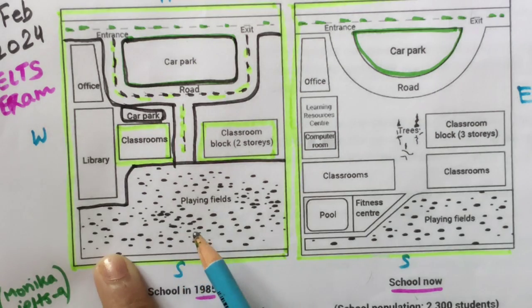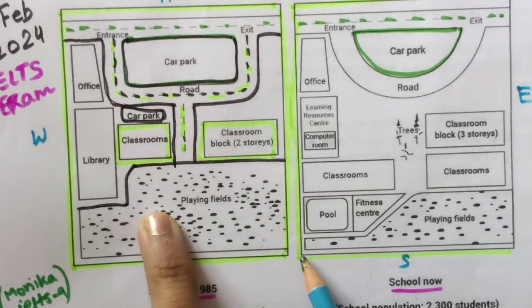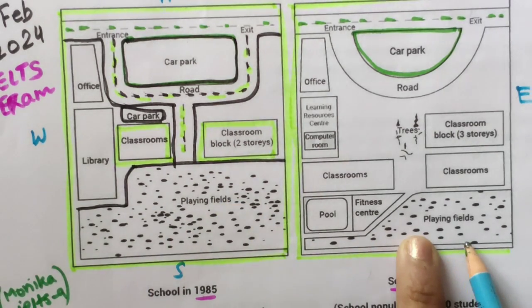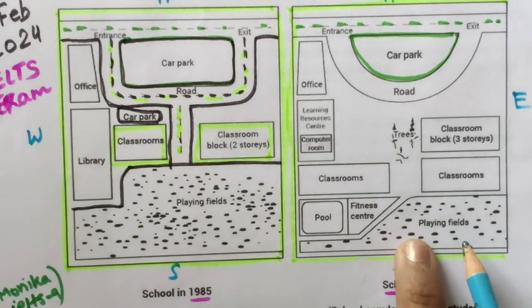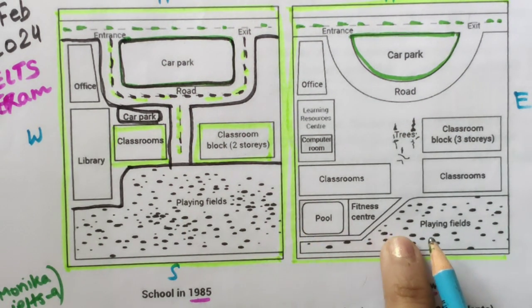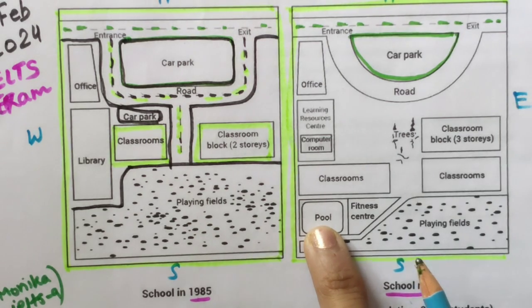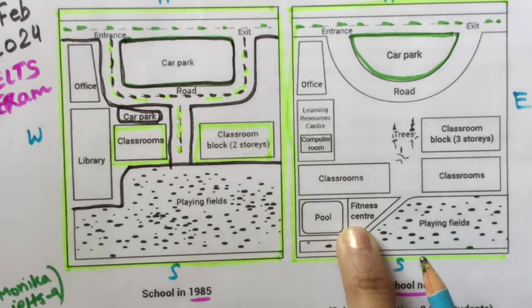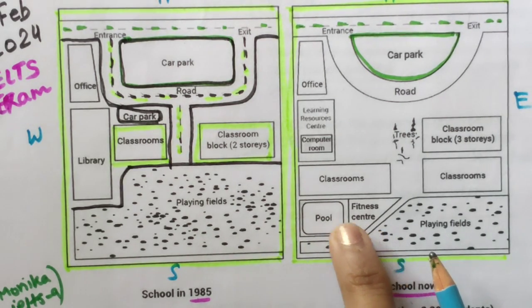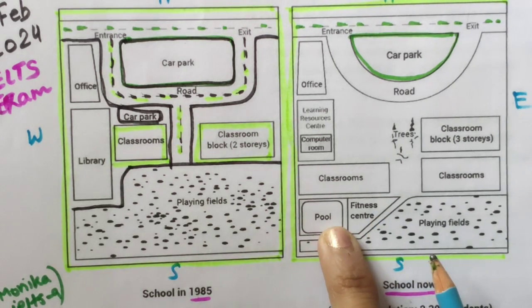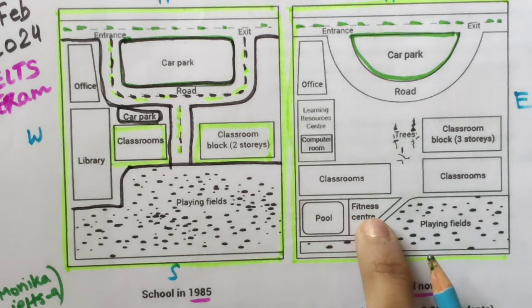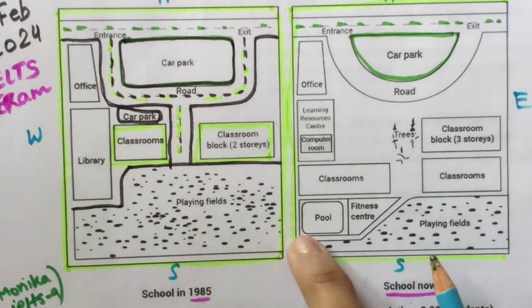There were playing fields, a big playground, but they have reduced its size and developed a pool and fitness center, some gymnasium kind of thing, including the pool. I think this all comes under one complex.